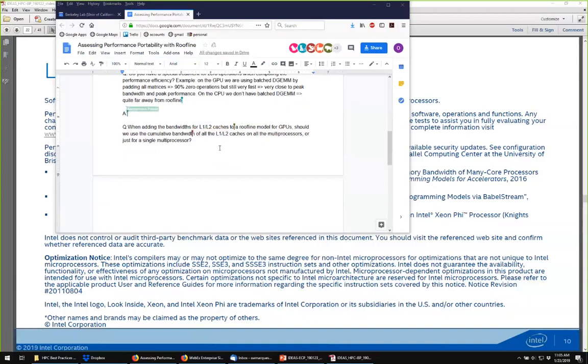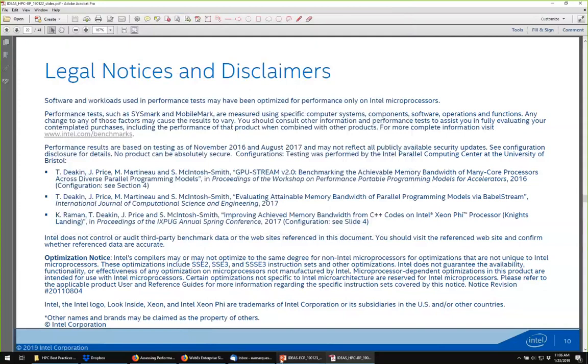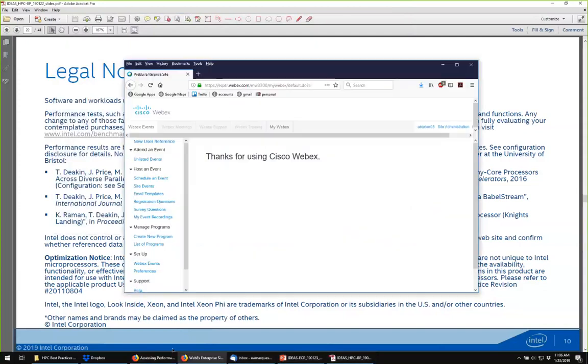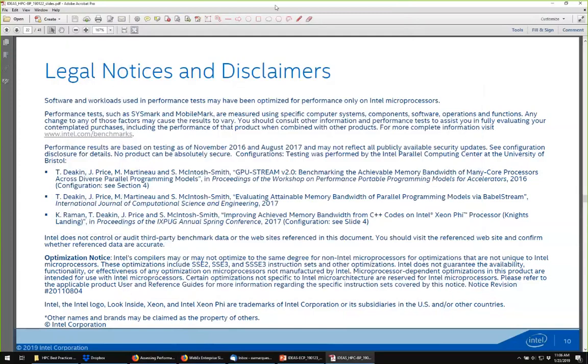Well, you can do either, but you have to be consistent across all the cache levels. So on the same roofline, if you're just looking at one single multiprocessor, you probably should measure all the data movement, or the arithmetic intensity, or the bandwidth just for one particular multiprocessor.